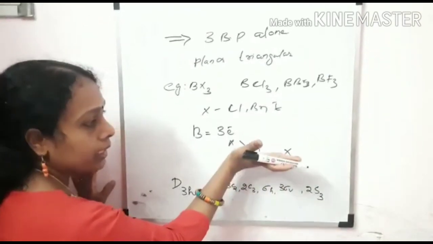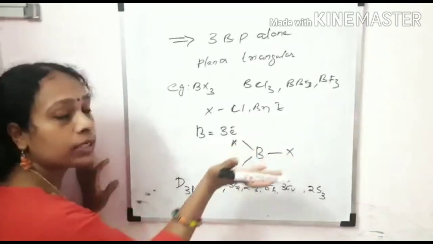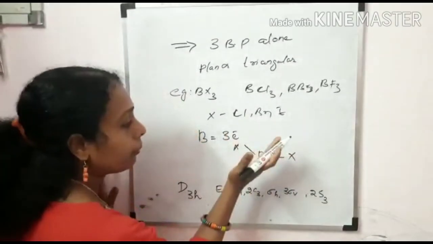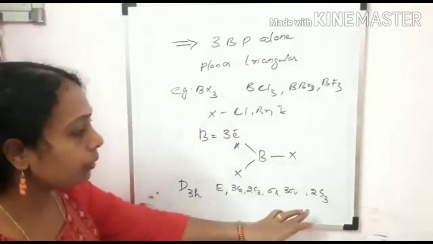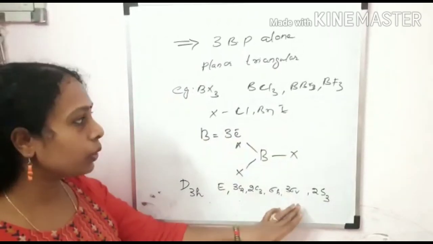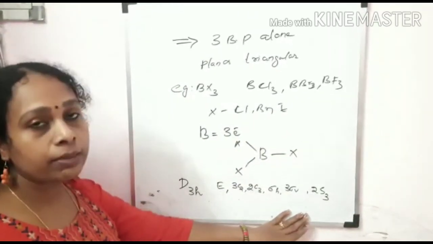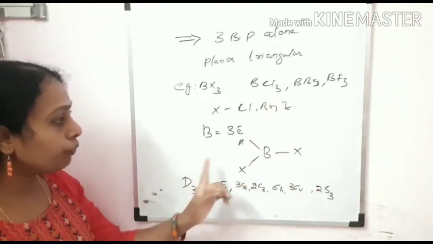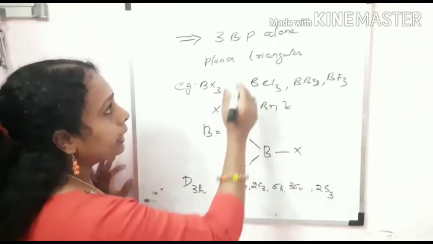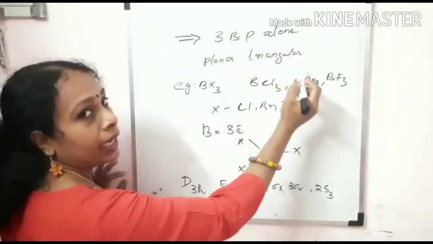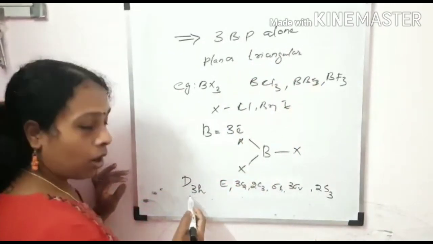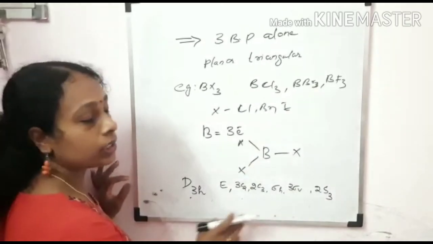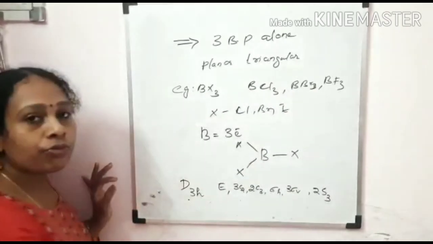Through each C2 axis you will have the molecular planes. Here one molecular plane, here one plane, and here one plane. That is the 3 sigma V's. That is not that important. In the MSc syllabus we have covered all these things. For the exam, you should know the shape of this molecule. 3 bond pairs alone, it will be a planar triangular molecule and belongs to the D3H point group. These are the symmetry operations. Okay, clear?